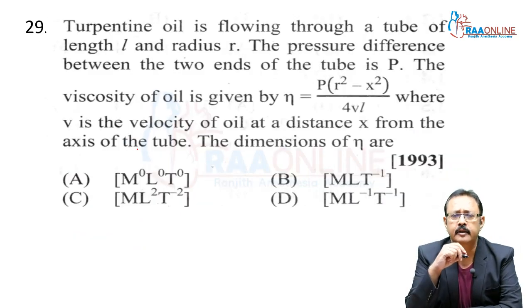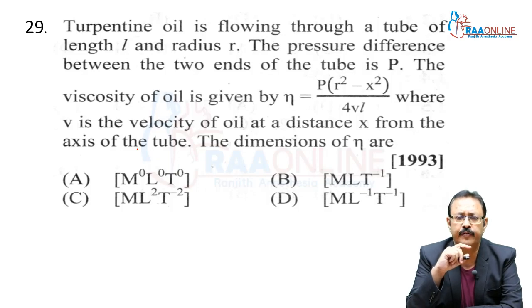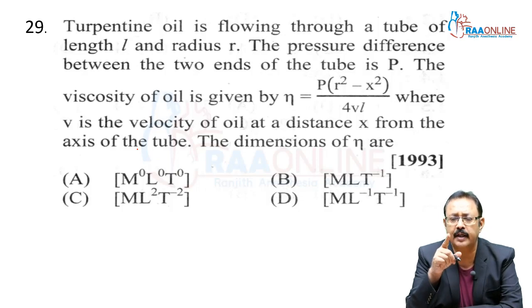Next, turpentine oil is flowing through a tube of length L and radius R. The pressure difference between the two ends of the tube is P. The viscosity of oil is given by eta equals this.